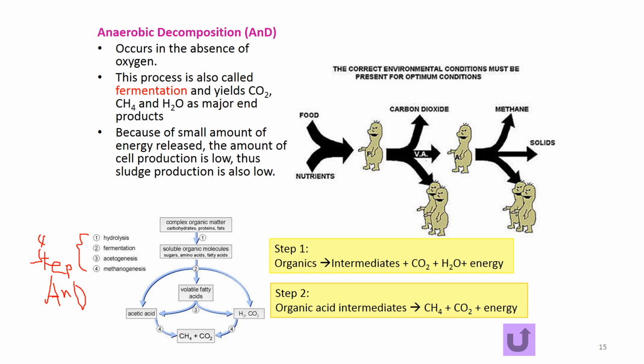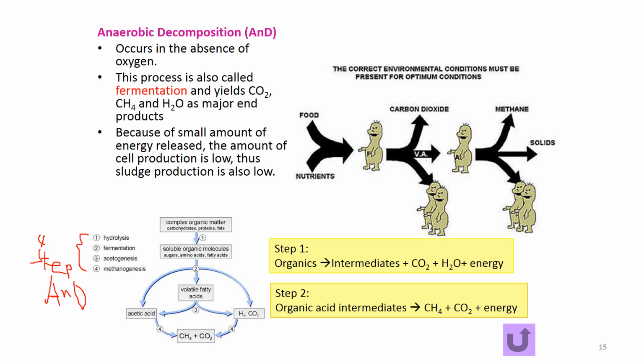And then it will go to the fermentation process. This fermentation process tadi yang bila tak ada oksigen, so the fermentation, and then dia akan menghasilkan volatile fatty acid, and then juga acetic acid, H2 dan juga CO2. So from the volatile fatty acid, it will go through acetogenesis to produce acetic acid also, H2 and CO2.